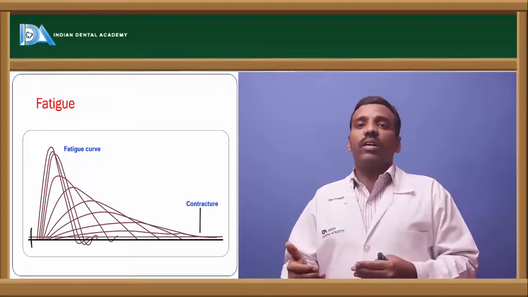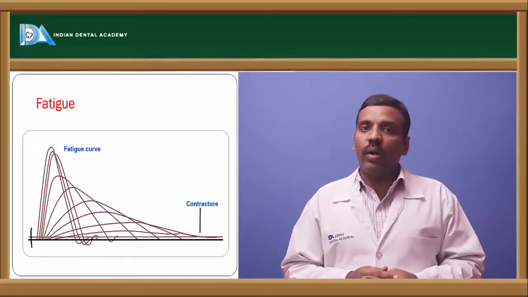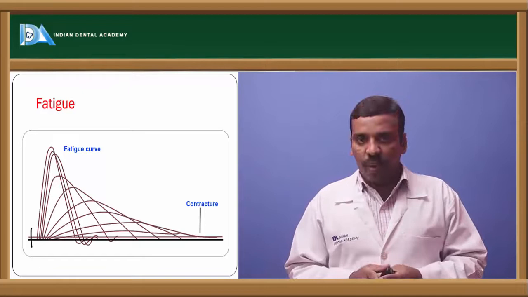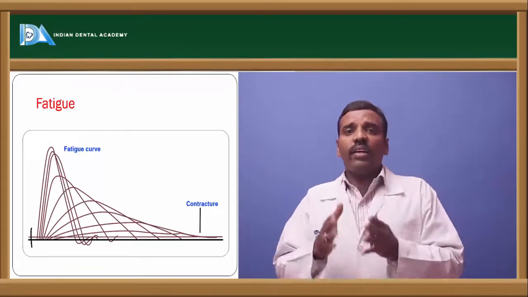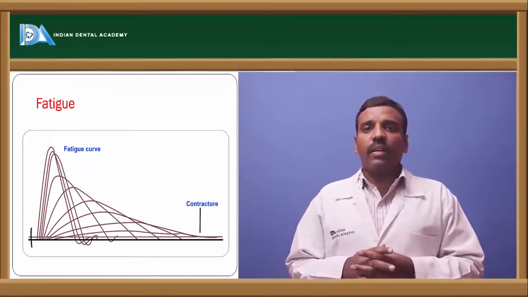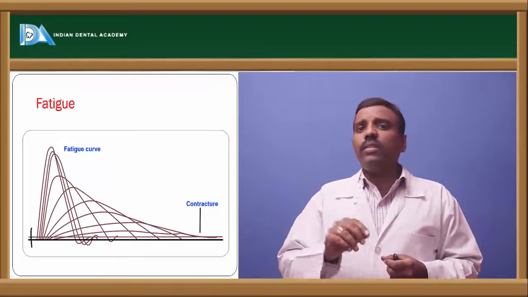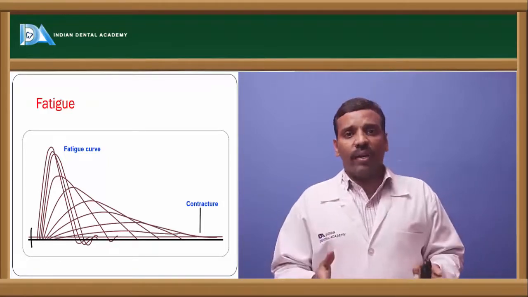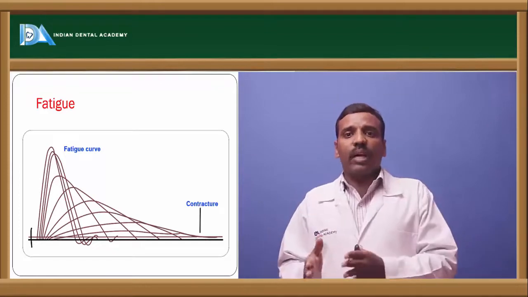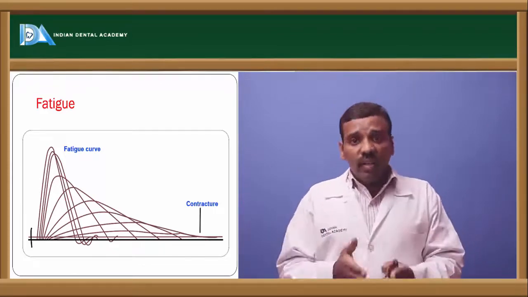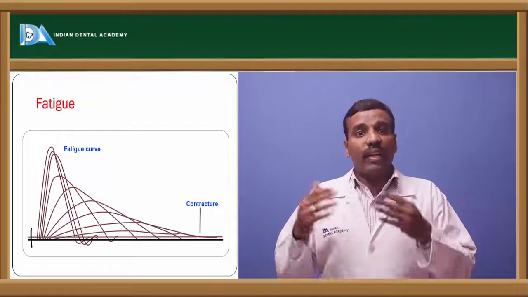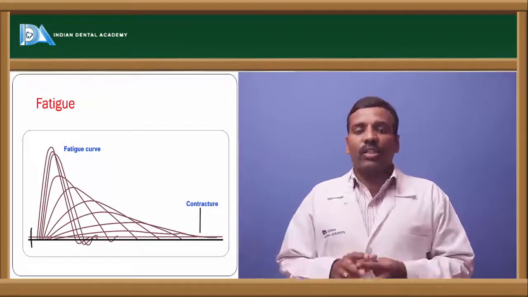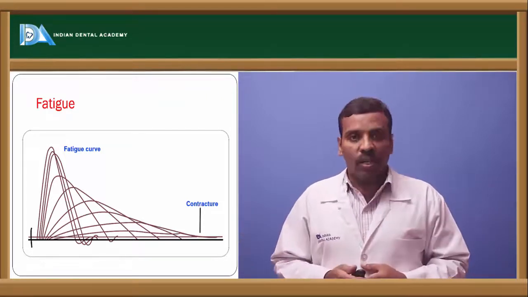This is called a reversible phenomenon. Fatigue occurs due to continuous repeated stimulus, and if we give some time, the muscle recovers and we get the normal action of that muscle fiber again.